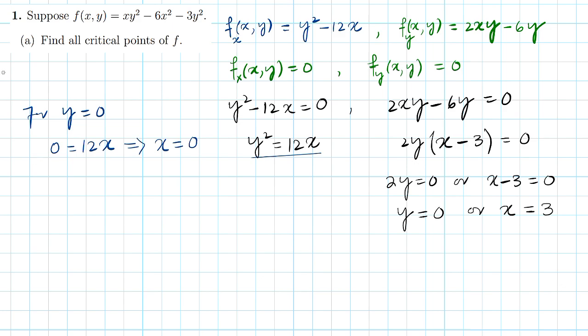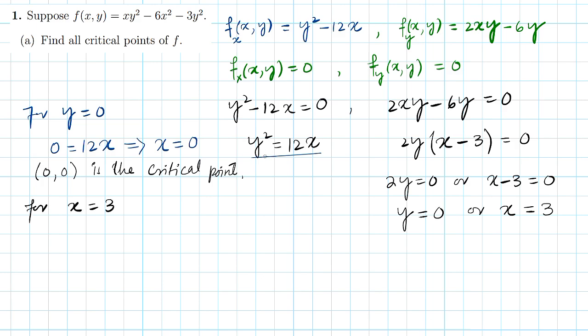So it means that our first critical point is 0 comma 0. Now for the second case, that is when x is 3.